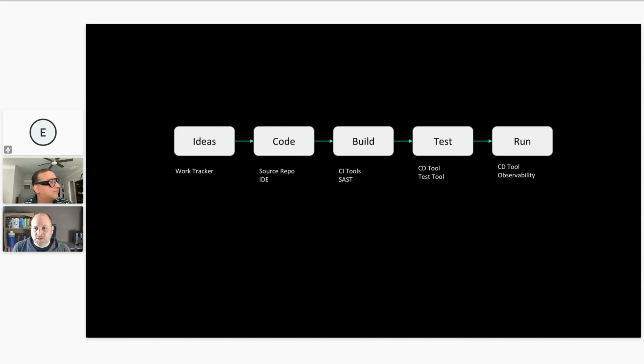When we think about a classical DevOps tool chain, we're really thinking about how do I get new ideas, whether that's we should fix this bug, or we should add this new feature, or we should create this new product.